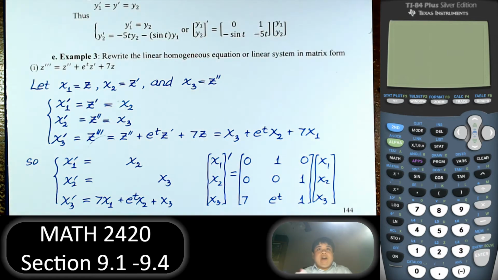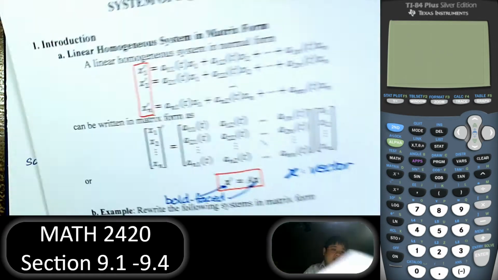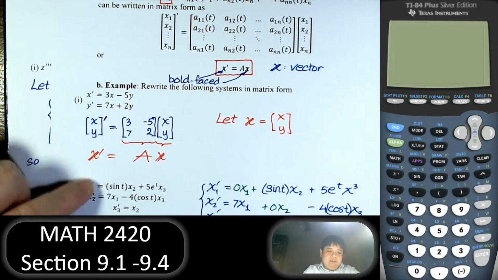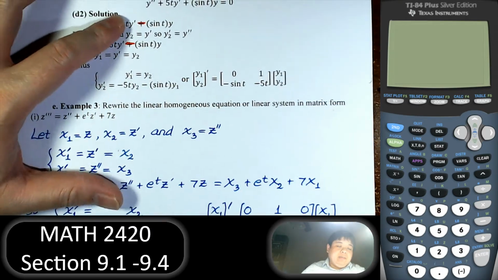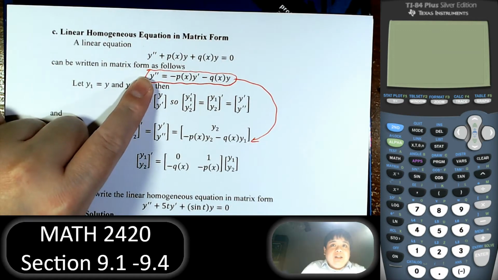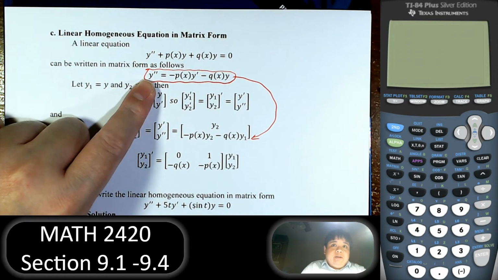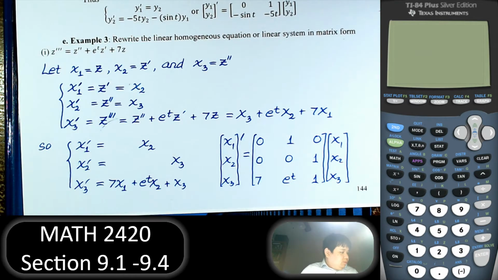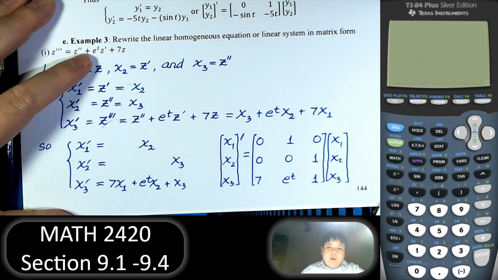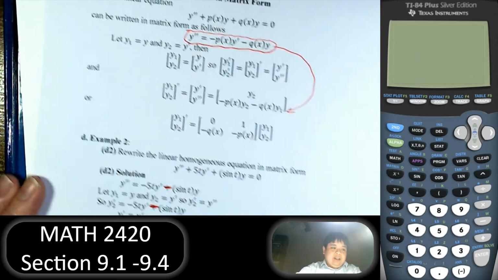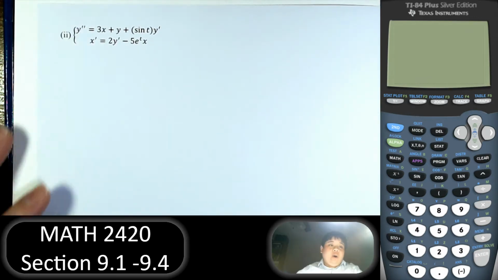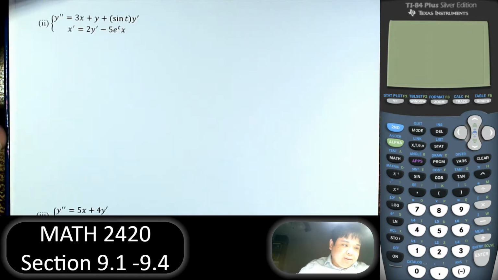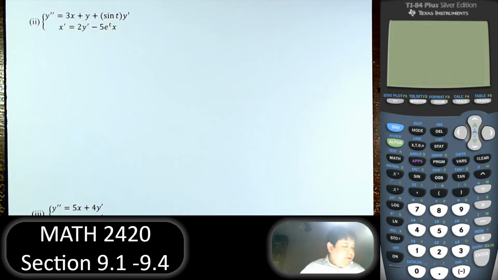Right, so we can write that in the matrix form nicely. So whether we have a system of equations or a linear higher order differential equation, we can write that in the matrix form. Or we could have both: a system of higher order differential equations.